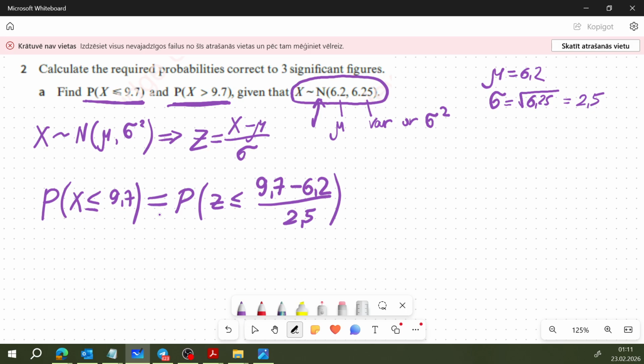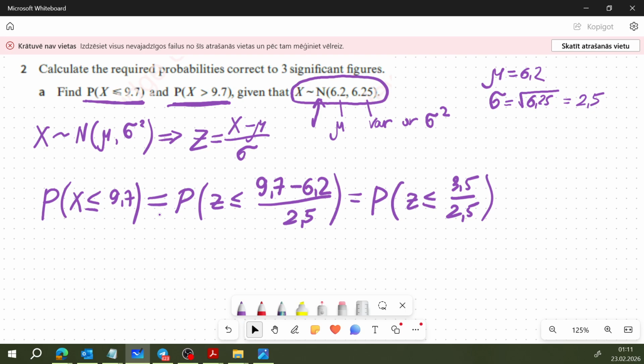The probability that Z is smaller or equal to 9.7 minus 6.2, which is 3.5, over 2.5.